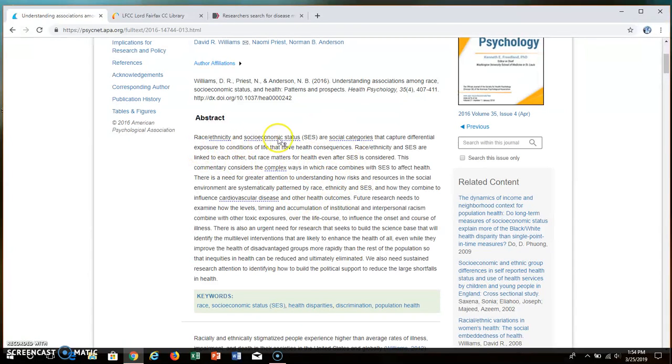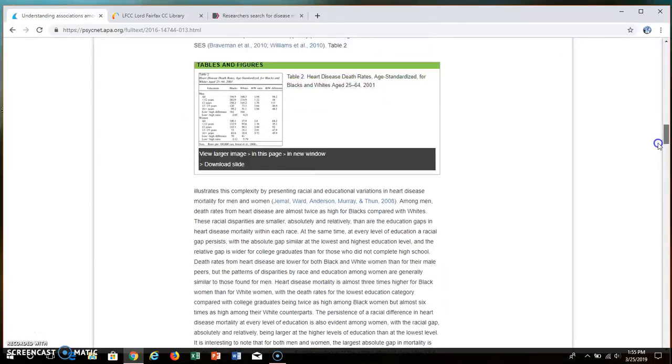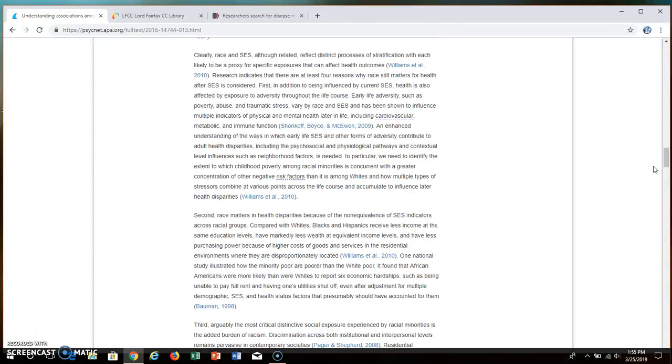So this one is, it's a set of social categories that capture differential exposure to conditions of life to have health consequences. So I would definitely want to use this as part of my research, because not only does it talk about the consequences, it helps discuss how, especially if I was doing this for a public health class, healthcare inequalities in African Americans is not just inequities in African Americans.